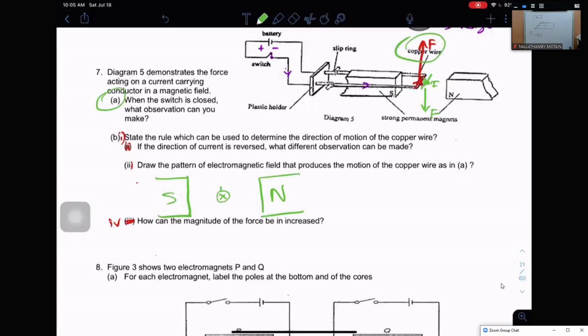Force acting is upward. Then the magnetic field from north. Always start from north, then you won't make a mistake. Only one over here is enough. Then don't forget to draw the arrow. Okay? Then, faster.